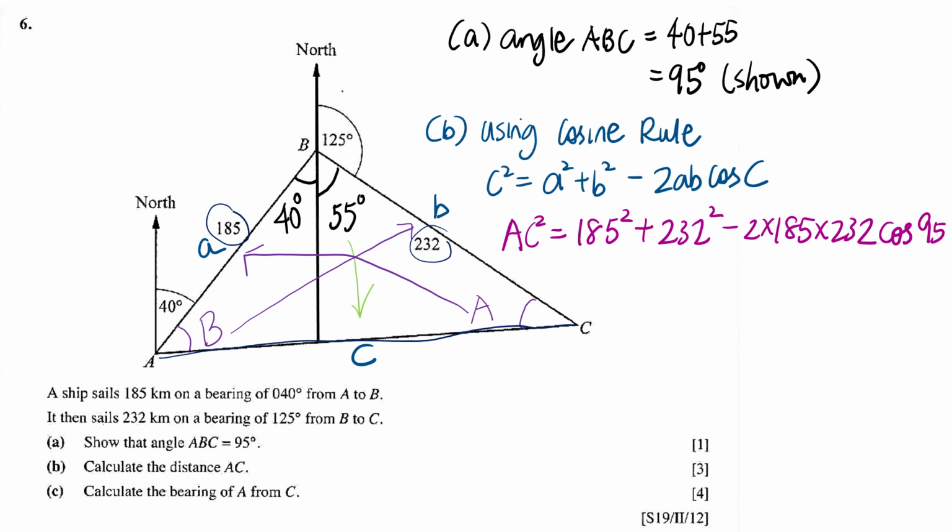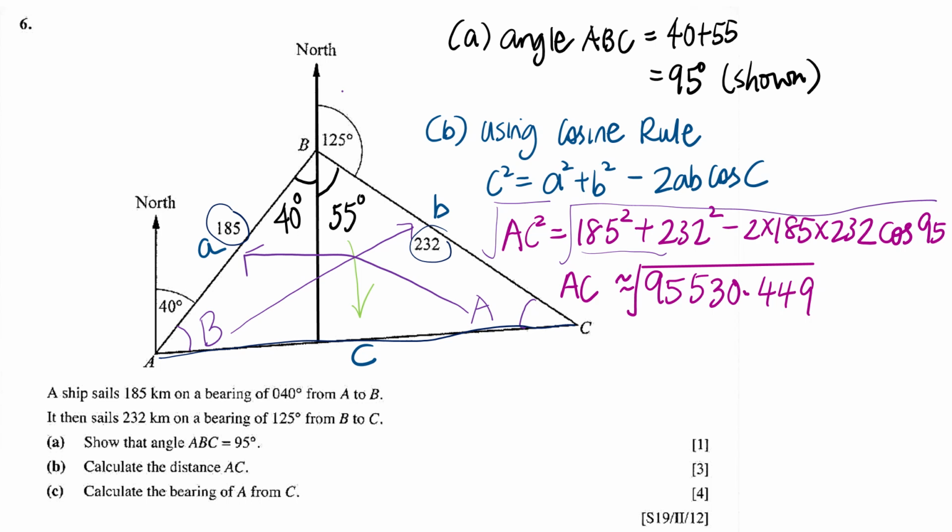You can just use your calculator to work out this whole chunk: 185 squared plus 232 squared minus 2 times 185 times 232 times cosine 95. You would get 95530.449. To find AC, you just square root both sides. That explains how I get this value, and approximating it to three significant figures gives 309 kilometers. So that's for part B.